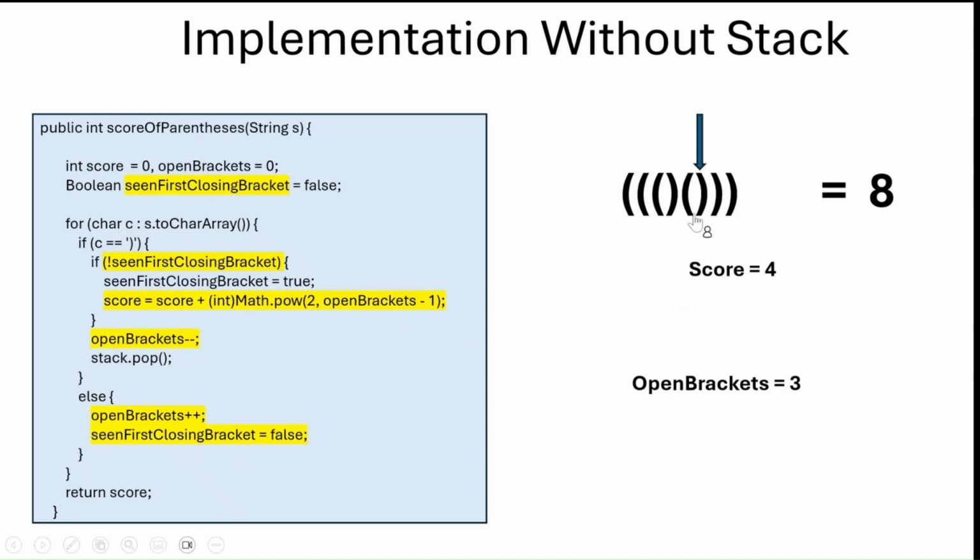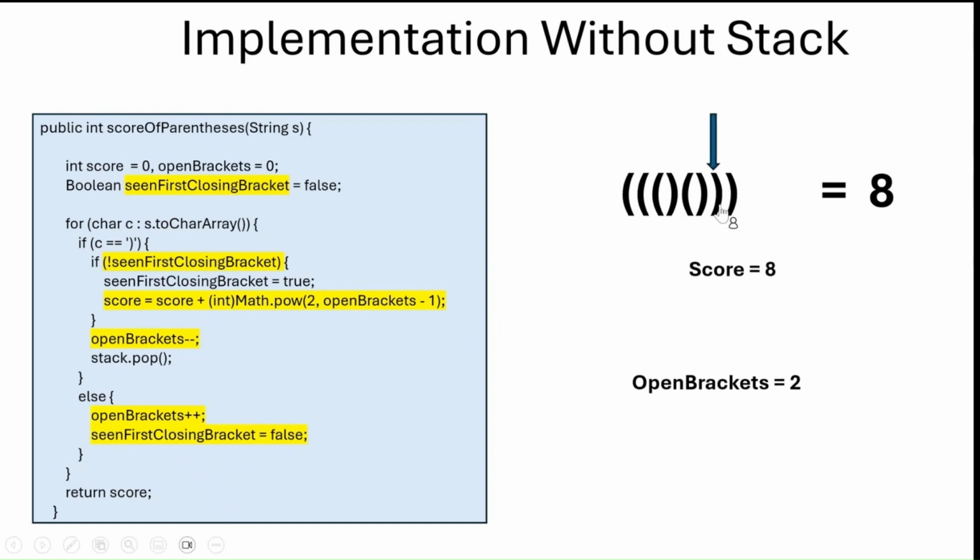Now see how this empty parenthesis contributes to the overall score. How many open brackets are before this empty parenthesis? 2, which is open brackets minus 1, removing this open bracket for the empty parenthesis. So 2 raised to 2 plus the existing score, which is 4. So 4 plus 4 is 8. So the new score is 8. And we decrement the open brackets count.